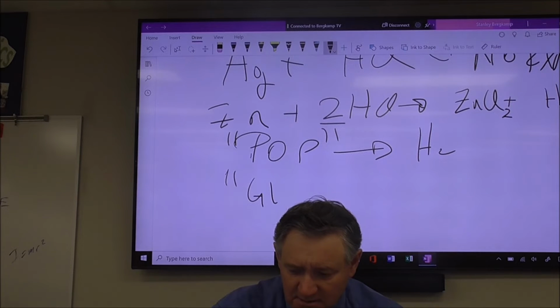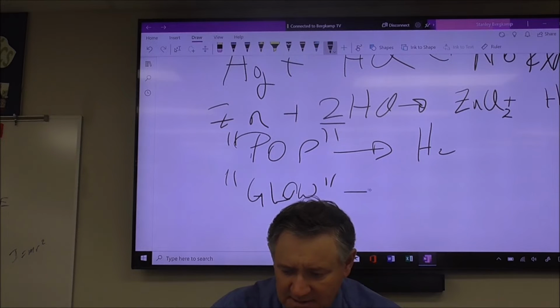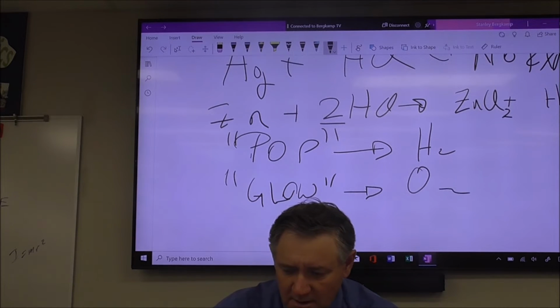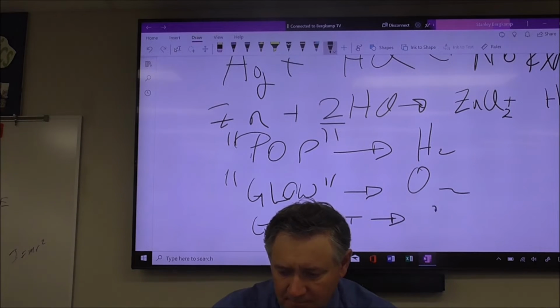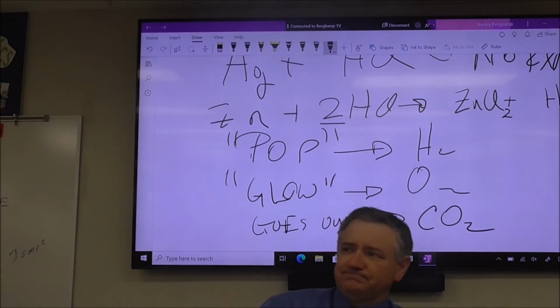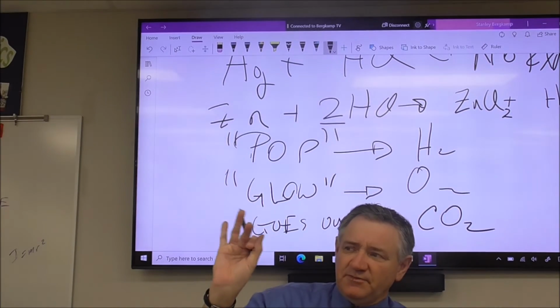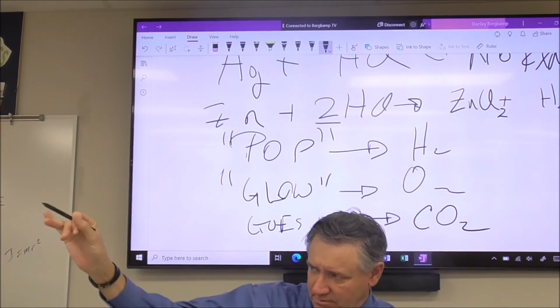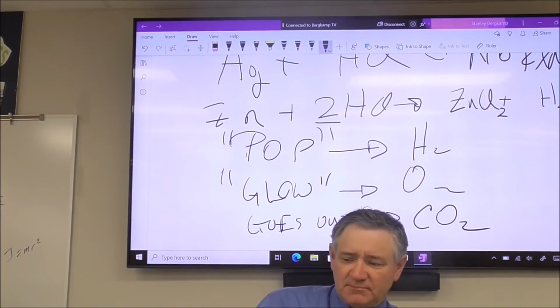The glow test, if you put a glowing splint in and it gets brighter, that's an indication of oxygen. If it goes out, you get carbon dioxide. Okay, so those are the 3 flame tests you need to know going into that test on Monday.